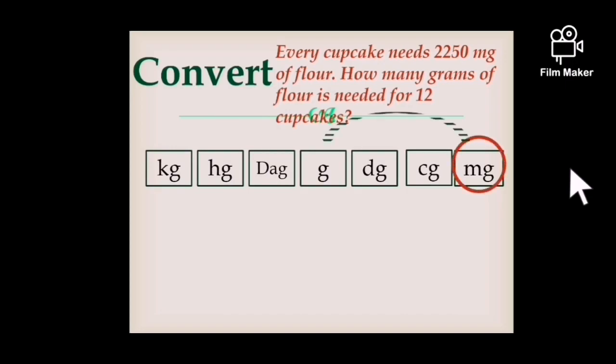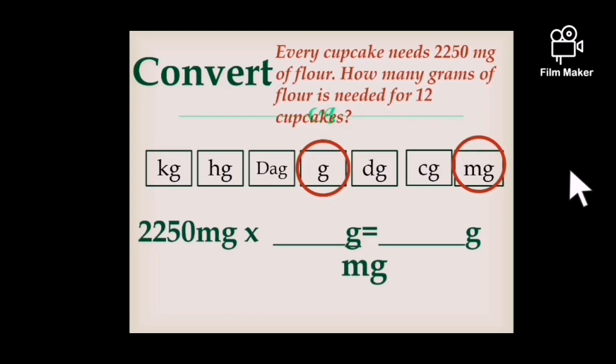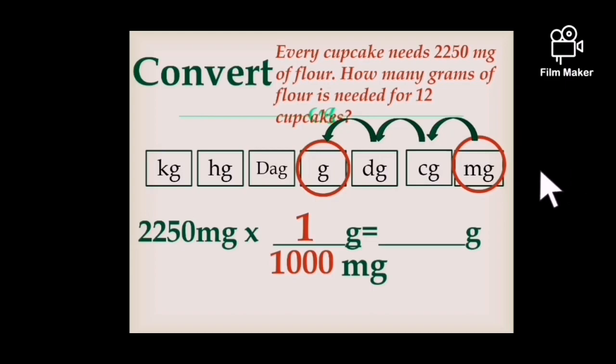From milligram to grams, we are converting smaller units to bigger. We have 3 steps away from milligram to gram. Multiply natin ng 10 ng tatlong steps. That is 10 times 10 times 10, which is 1,000.